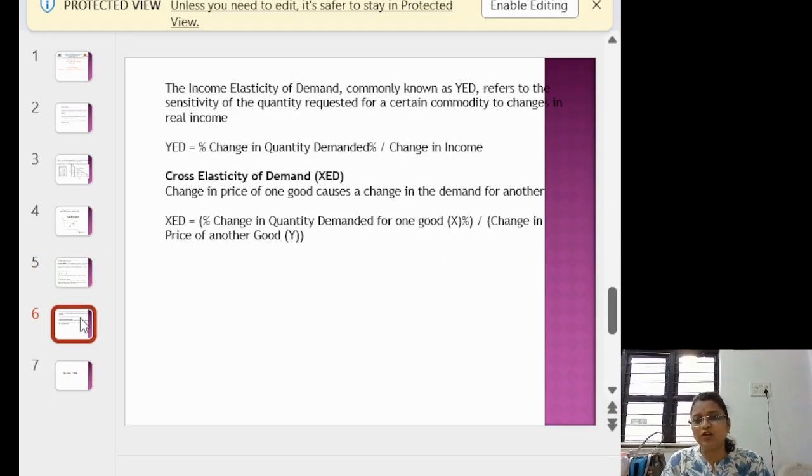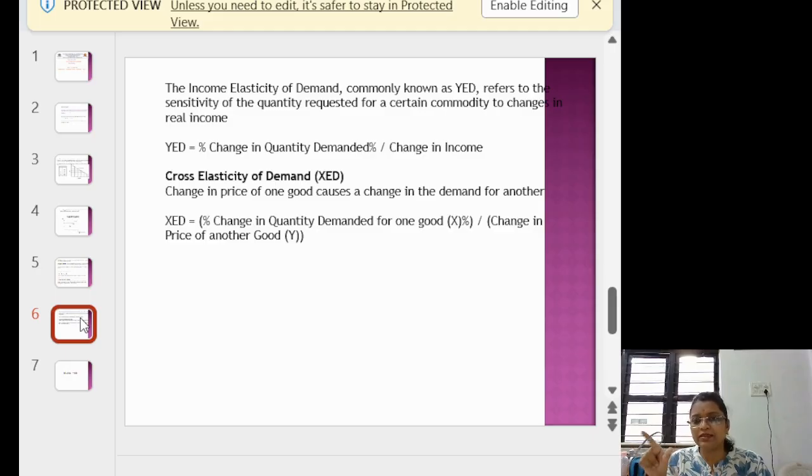Income elasticity of demand, commonly known as YED, refers to the sensitivity of quantity requested for a certain commodity to change in the real income. Here, we have to discuss the percentage change in quantity demanded to the percentage change in income. Okay. So, what do you mean by the sensitivity of the quantity?